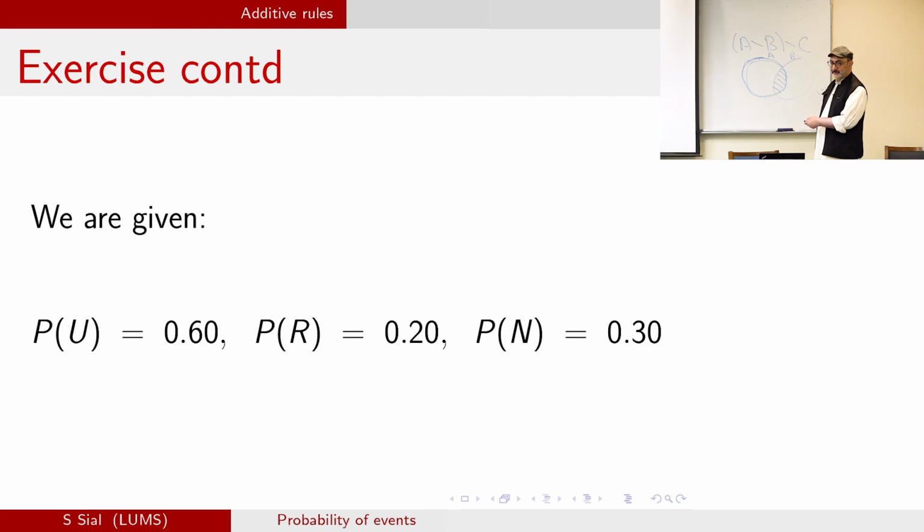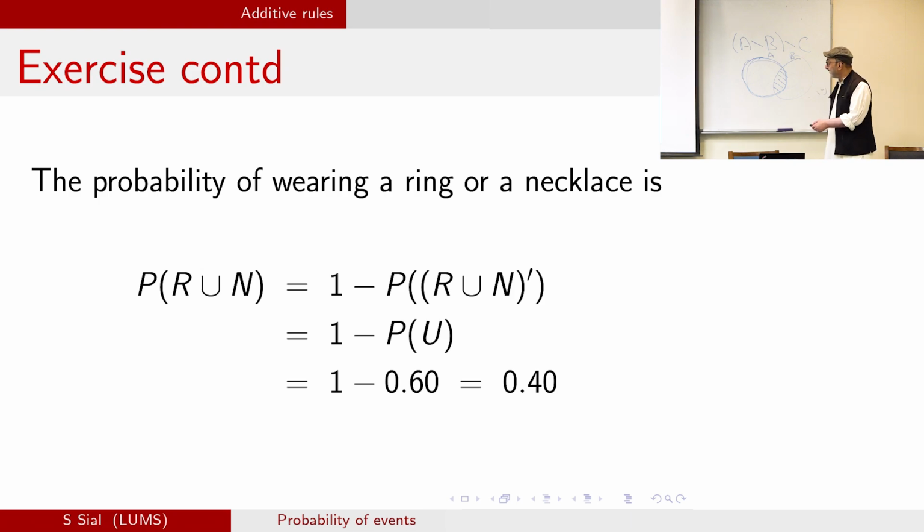Probability of wearing a necklace is 30%. The probability of wearing a ring or a necklace, let's say I tried to do that directly. I got kind of confused. And I said, okay, let's try working out the complement and we'll take 1 minus the complement. So the probability of wearing a ring or a necklace is 1 minus the probability of the complement of R union N.